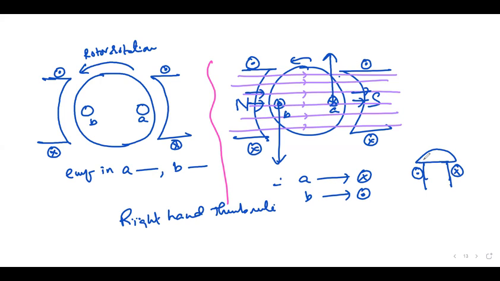You wrap your fingers accordingly, and in which direction does the thumb point? Upwards. So this is acting as a north pole. Apply the same thing in this diagram also.